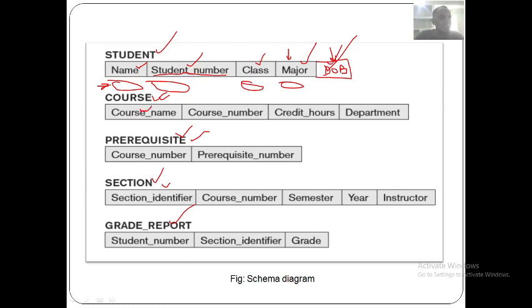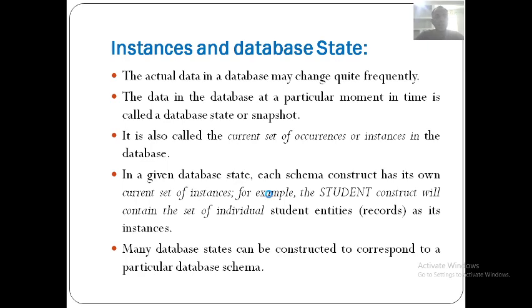Here course name is a data item for the record type course. Course number is a data item for the course. Credit hours is a data item for the record type course. Got it? These are all data items.